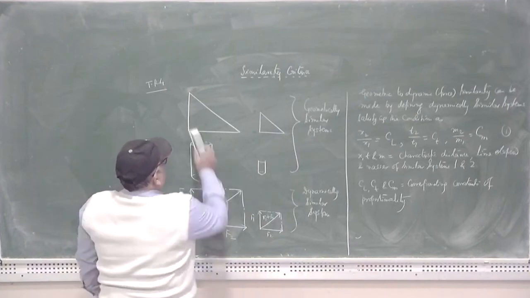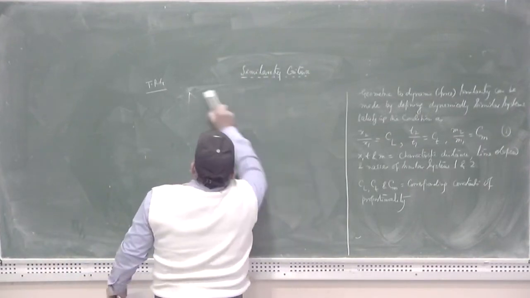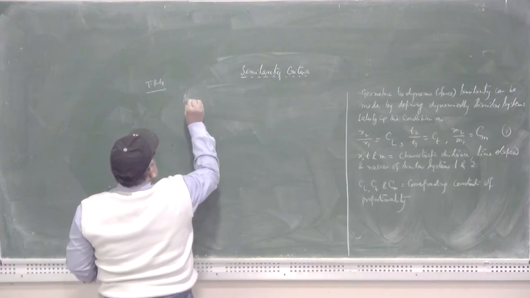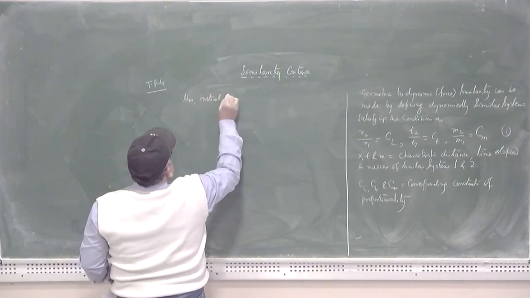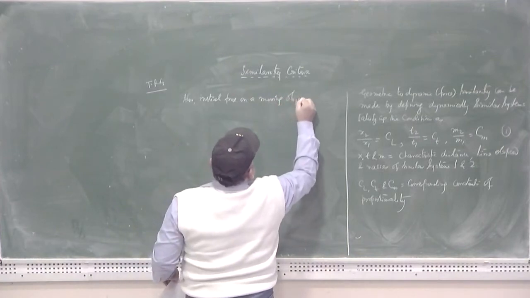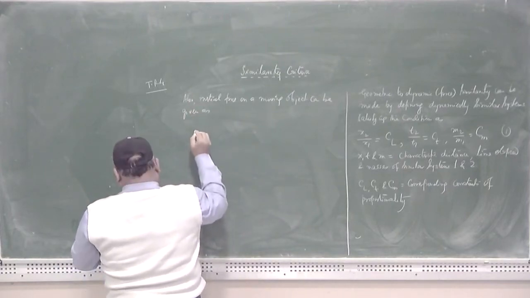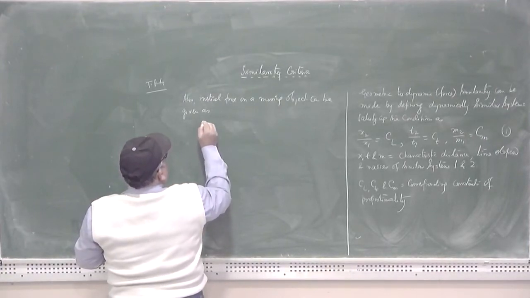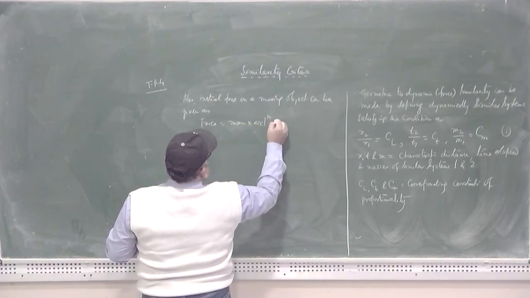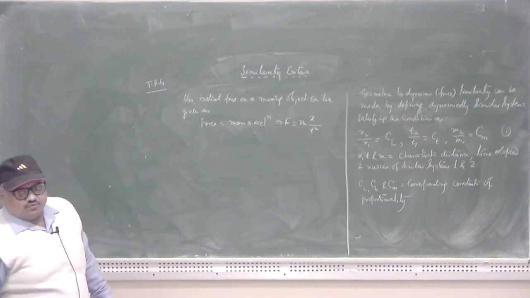Now, if I am considering the dynamic inertial force on a moving object, it can be given as force equal to mass into acceleration, that is F is equal to m, acceleration is distance traveled divided by t square, m x by t square.